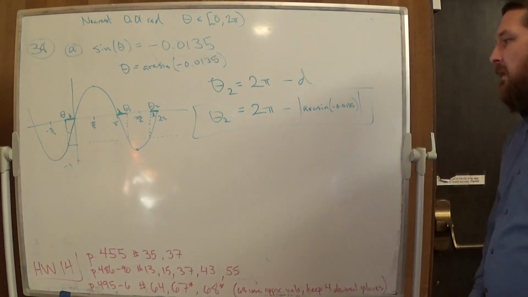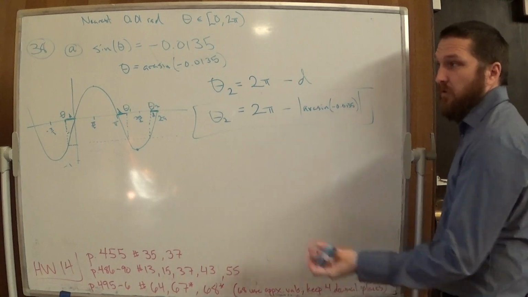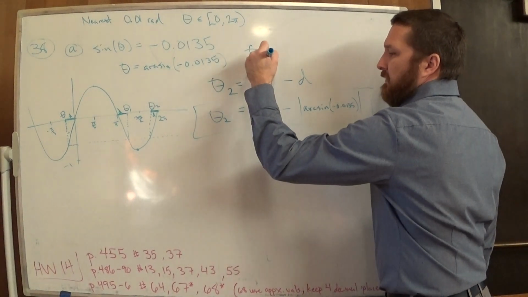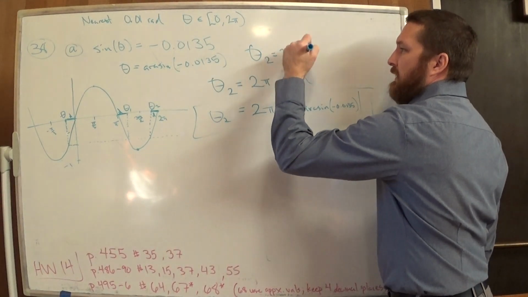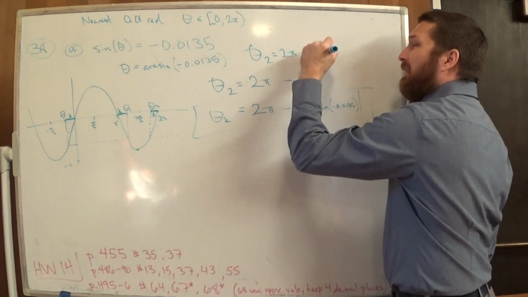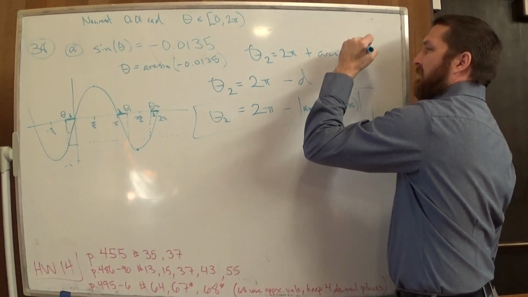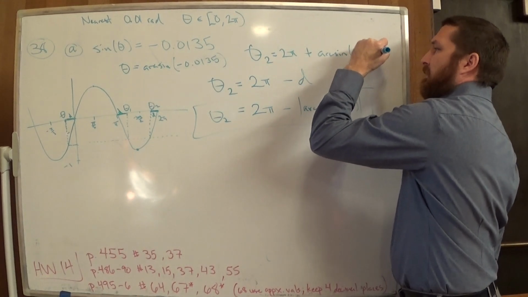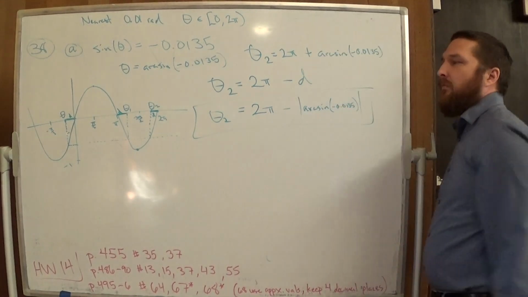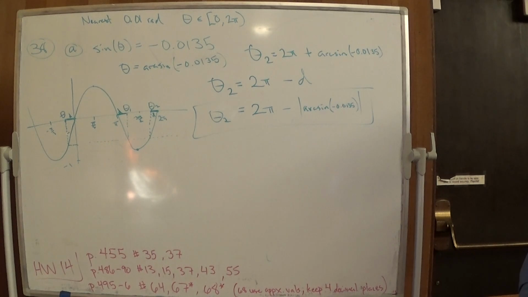Okay? Now, you could, if you were so inclined, say, well, it's also the same thing. Theta 2 is 2 pi, and since that's a negative number, I could just go plus arcsine. But when you plug in a negative to arcsine, doesn't always give you a positive. Oh, no, that's arc cosine. Arc cosine will always give you a positive number.